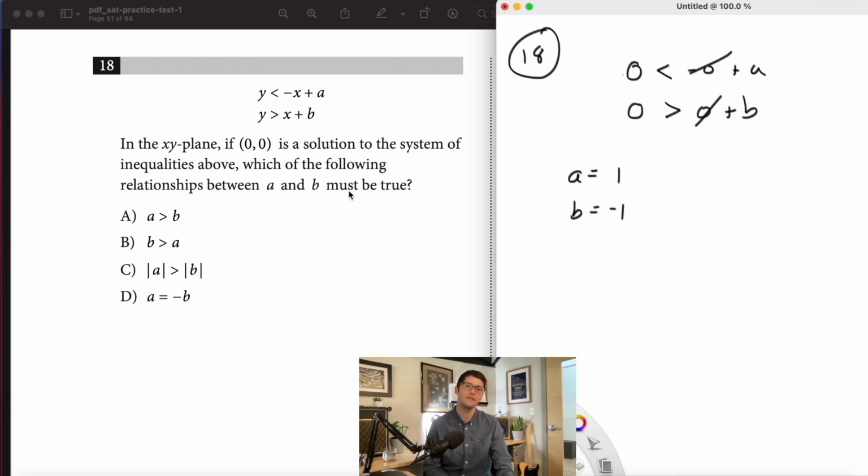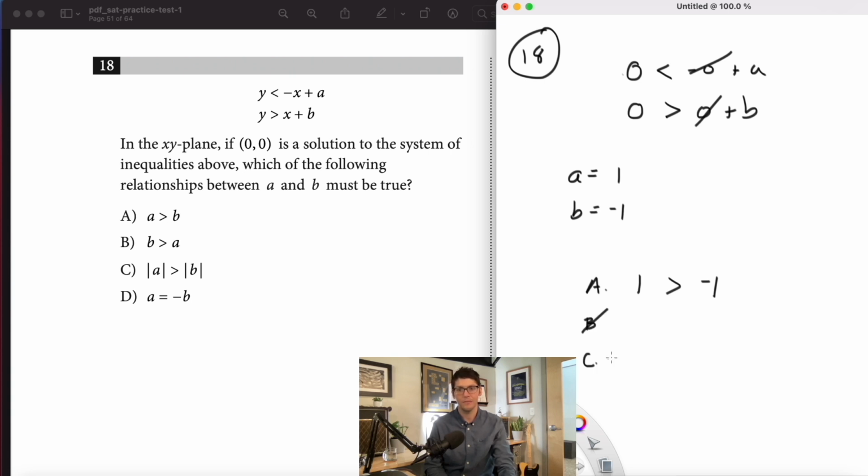What that means is we're going to get rid of any answer that's untrue, but just because it works for our values doesn't mean that we're done. So if we look at our answers, this one says that 1 is bigger than negative 1. Absolutely. B says that negative 1 is bigger than 1. Of course, that's untrue.